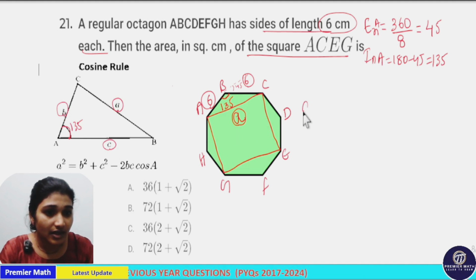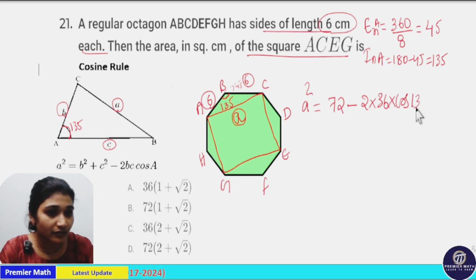Same way, here A square is equal to 6 square plus 6 square, which is 36 plus 36, 72, minus 2BC. 2BC means 2 into 6 into 6, which is 72. So 2BC cos 135 is equal to 72 minus 72 into cos 135.